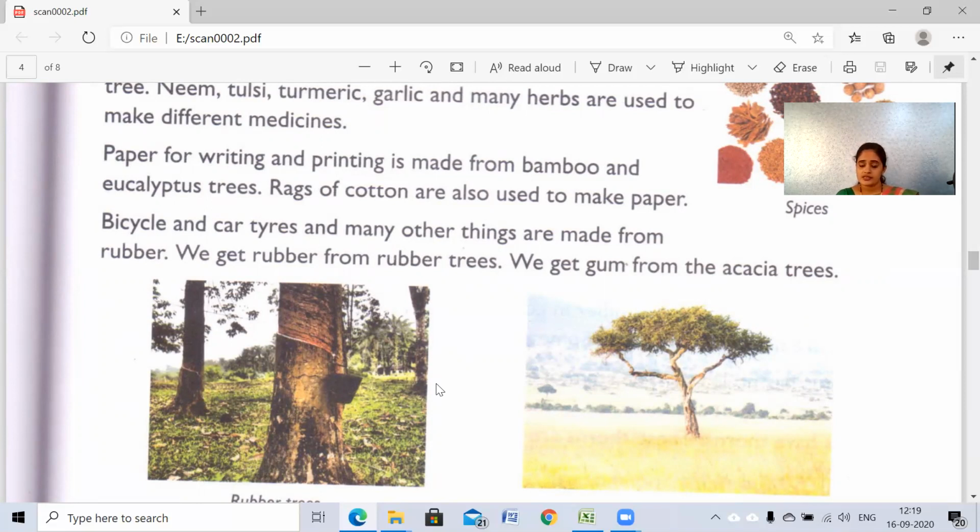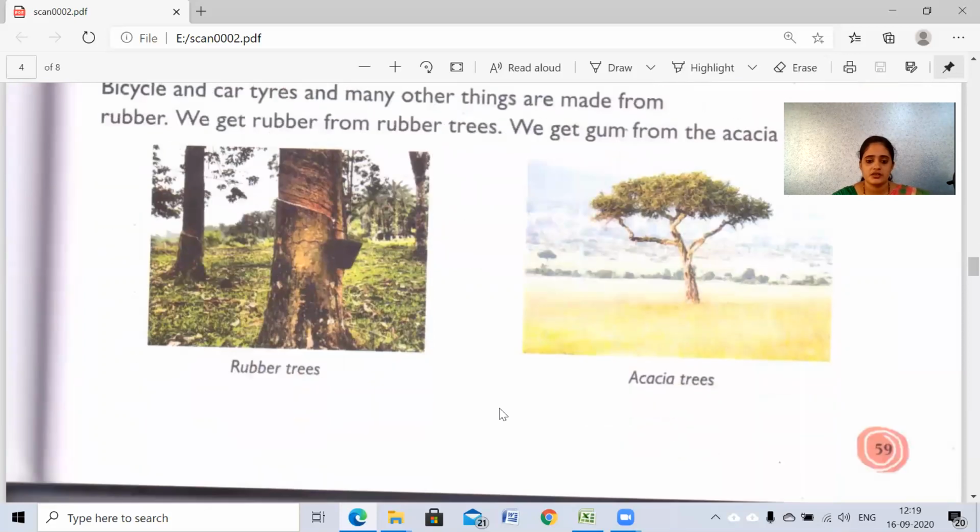Those vehicles contain tires. The tires are made from rubber. We get this rubber from the rubber tree. We get gum also, from the acacia tree.